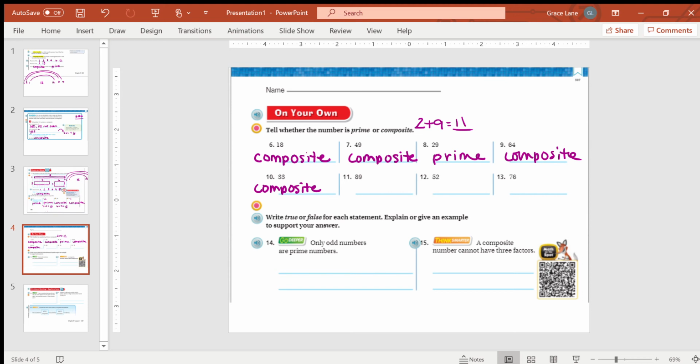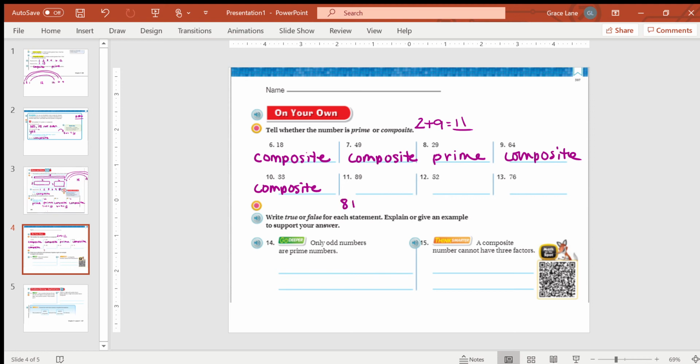89, I don't know any basic facts, so try your divisibility rules. Go back to page 286 and use the rules to check. 89 is odd, so it can't be divided by 2. I also know it can't be divided by 5 because it doesn't end in a 0 or a 5. So now go try the weird ones, the 3 and the 9. You add the digits up.